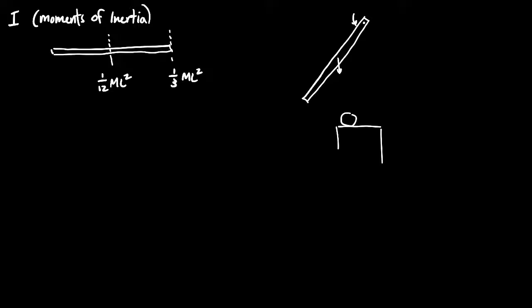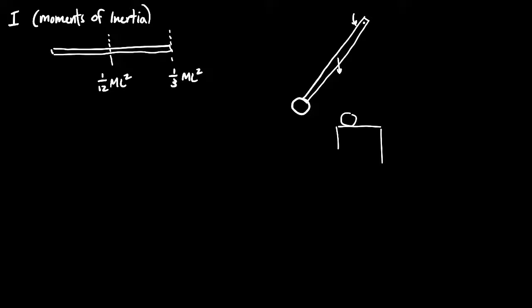I also want to point out that if they put, say, a ball mounted to the end of it, composite objects are merely the sum of the individual moments of inertia. Composite objects are the sums of the individual moments of inertia. That shouldn't be a surprise.